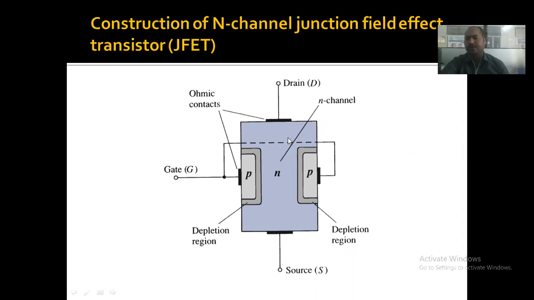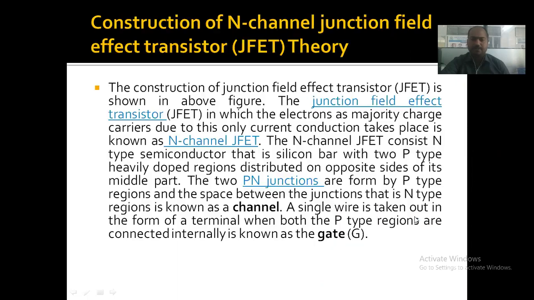Initially, when we have not applied any voltage, there is maximum area in the gap. This is when VGS is equal to 0, where VGS is the gate to source voltage. In that case, the largest amount of electrons travel from the source to the drain.